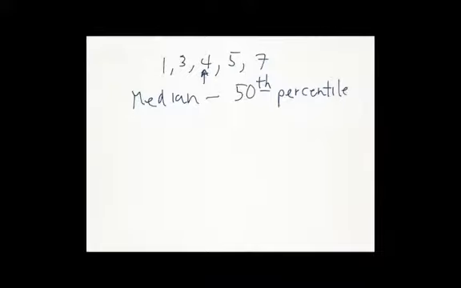So you might be wondering, why are we bothering with this at all? Instead, suppose our numbers are 1, 2, and 100. So the mean in this case would be 1 plus 2 plus 100, which is 103, divided by 3, which is 34 and change, 34 point something or other.